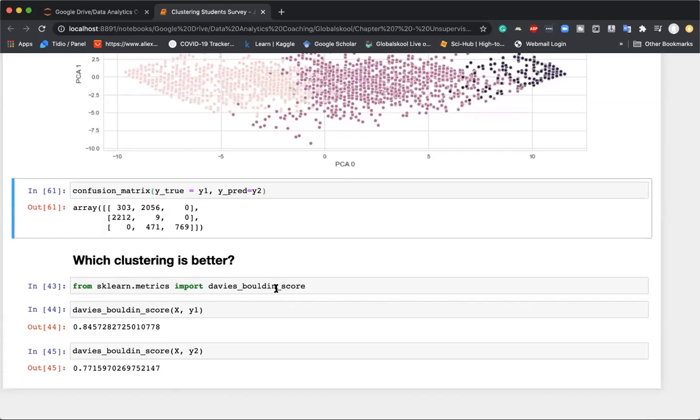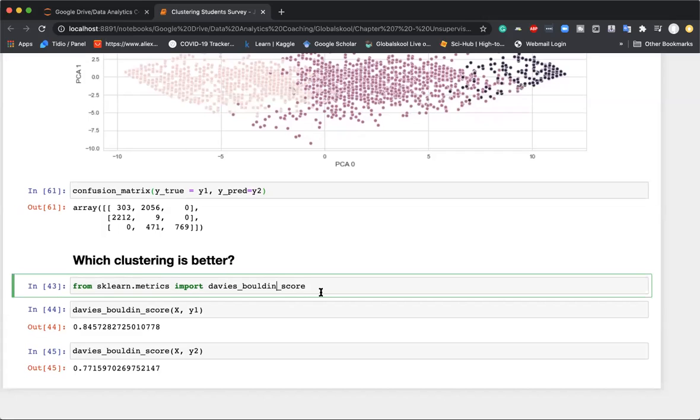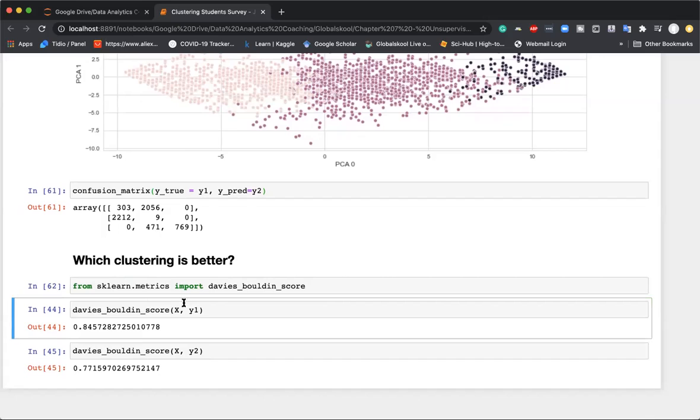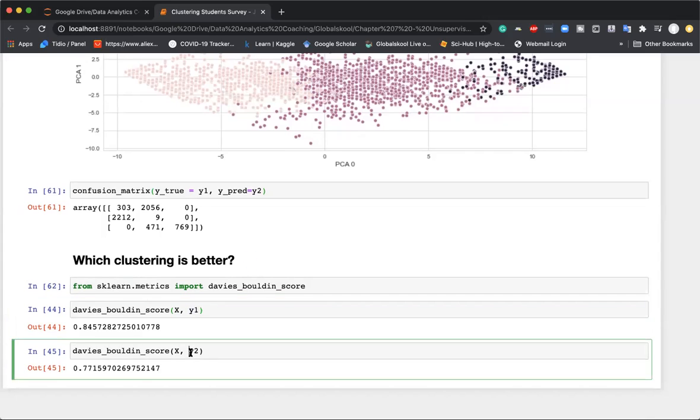Which clustering is better? Let us use the Davies-Bouldin score. That can be taken from sklearn.metrics, import davies_bouldin_score. And I just try it for X data and Y1. Y1 is our clustering model with all 28 questions and k-means, and Y2 is the clustering model with all 28 questions and agglomerative.